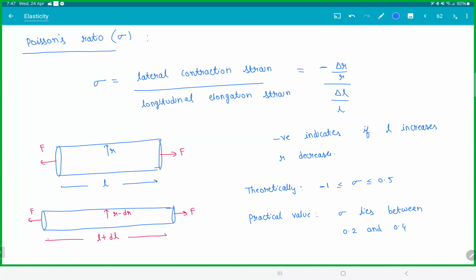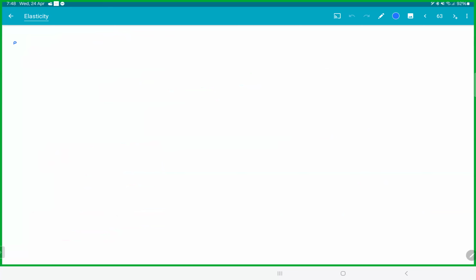Have a look at this. Questions are straightforward on this. Let me show you one. The questions would be something like this. Example, we have a rod.